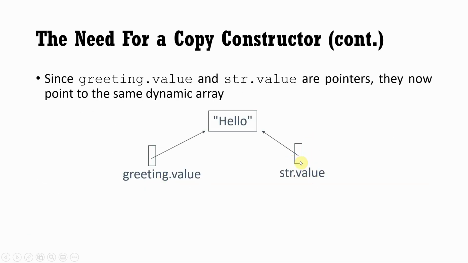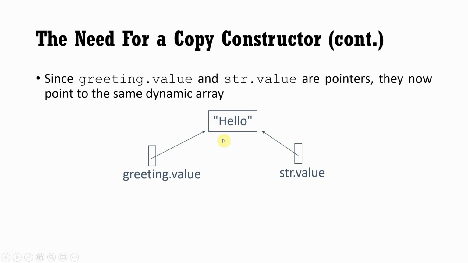The destructor is going to remove or deallocate this dynamic array. But this dynamic array is now shared by two objects. We wanted to deallocate it only for str, but because it's shared, greeting wouldn't have any dynamic array anymore.